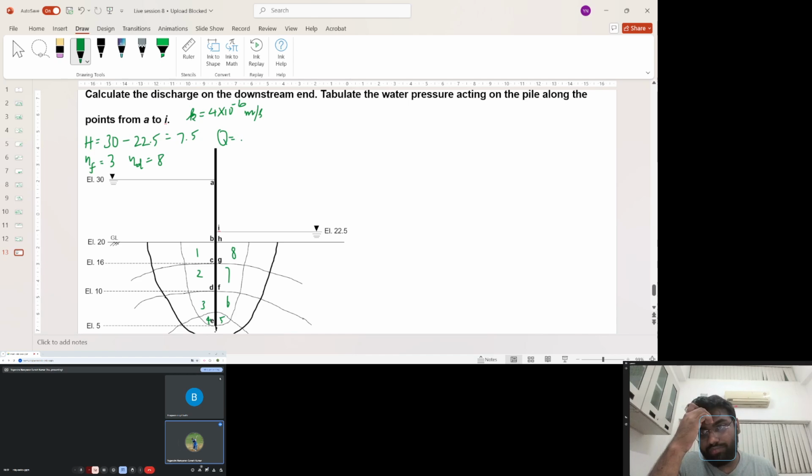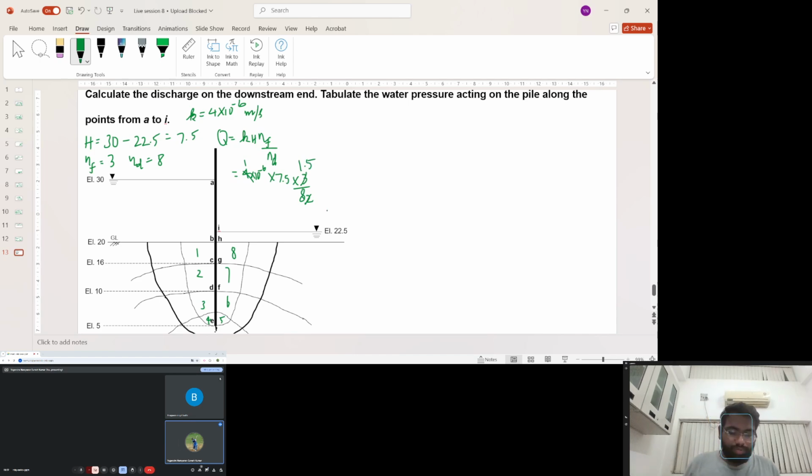Alright. Now we have to calculate the discharge. Q is equal to K H NF by ND. So K is 4 into 10 power minus 6. So H is 7.5, NF is 3 and ND is 8. And this will be 1.5.